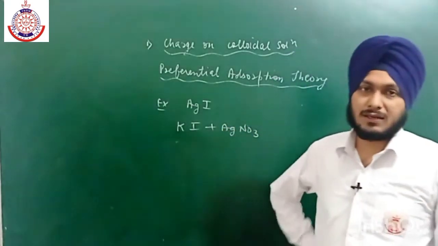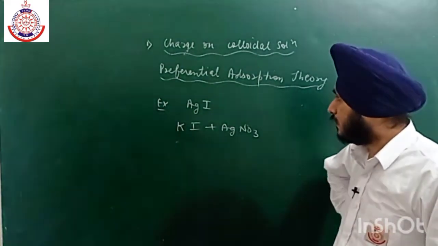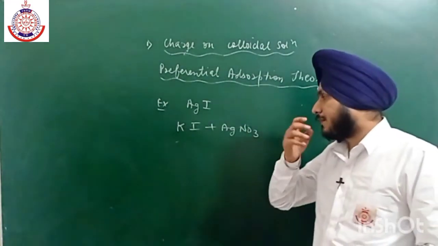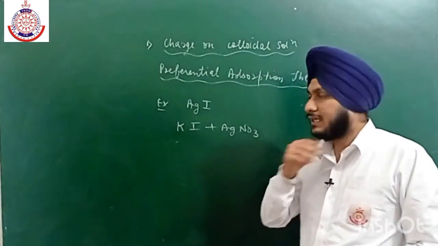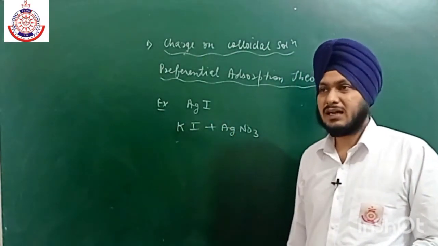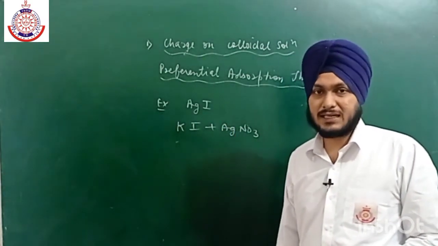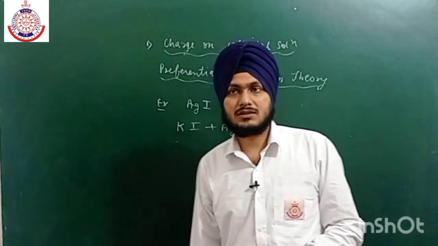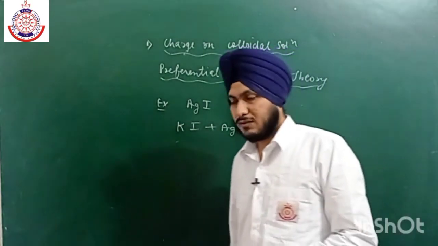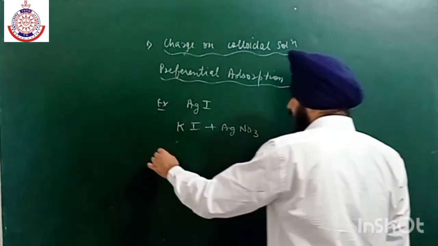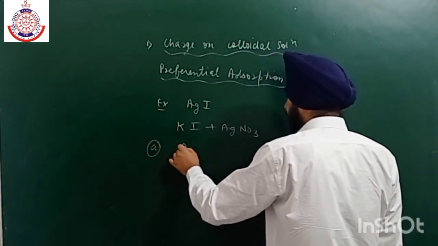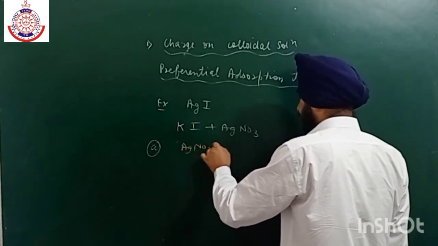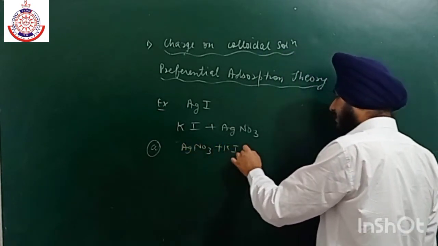We are doing this double displacement reaction and then form the precipitates of AgI. Now this AgI can get positive charge as well as negative charge depending upon the conditions of the reaction. The first is if we have AgNO3 plus KI, in which KI is in excess.